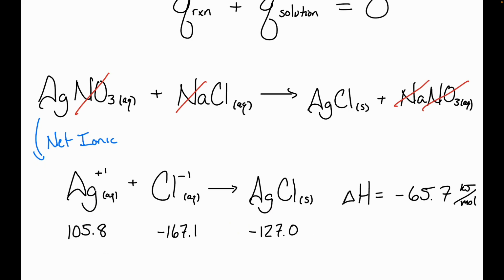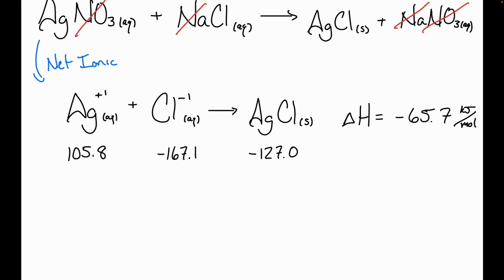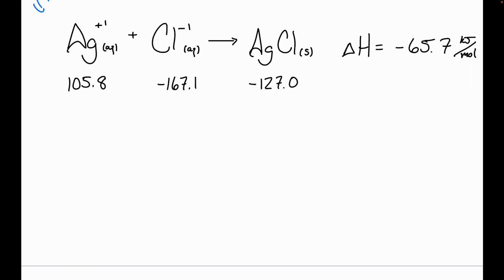All right, so first we're going to get our net ionic equation, then we can look up that net ionic equation on our constants page to figure out our enthalpy of our reaction here. But this reaction enthalpy is the amount of heat that's released if 1 mole of reaction were to happen. We don't quite have a mole of reaction happening.